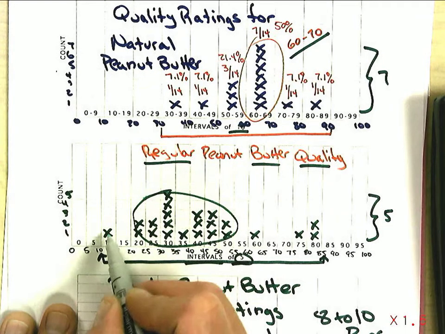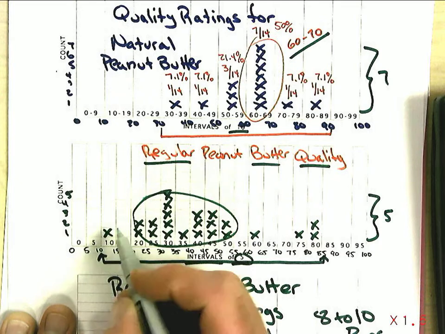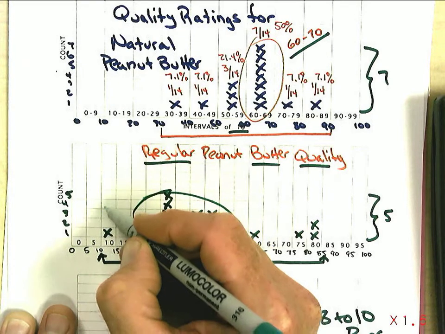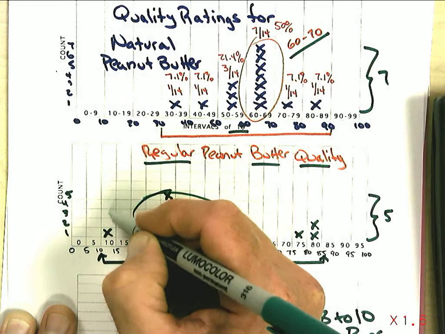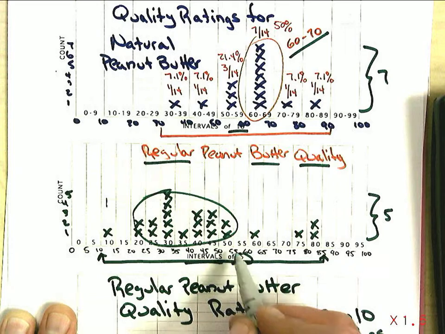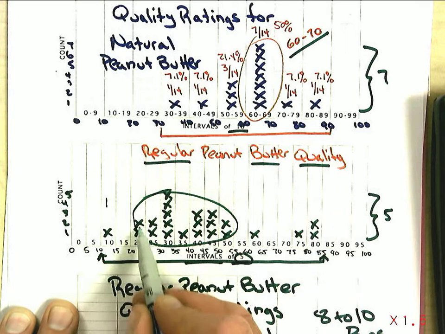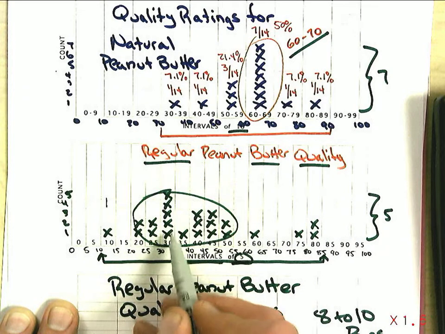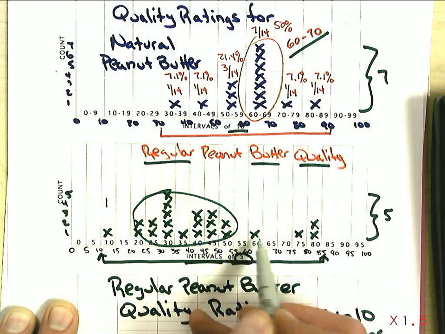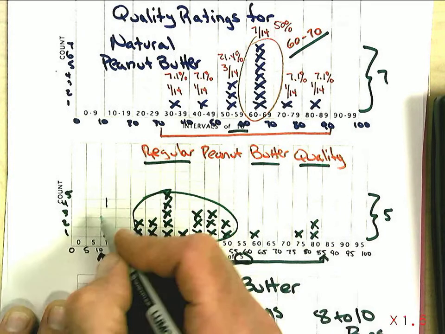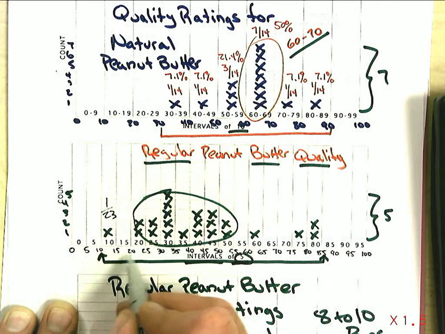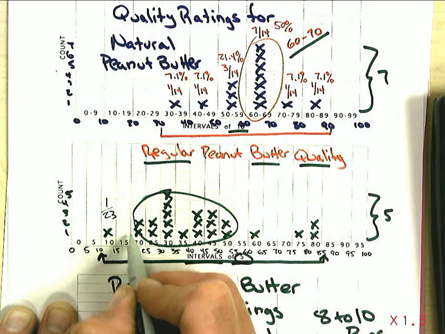So I'm going to take, up to this point here, 1 out of all of these, and there are 1, 2, 3, 4, 5, 6, 7, 8, 9, 10, 11, 12, 13, 14, 15, 16, 17, 18, 19, 20, 21, 22, 23. So that's 1 out of 23 in the 10 to 20 interval. So this whole interval right here.